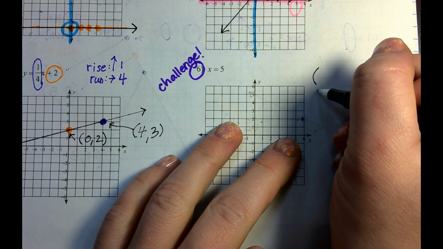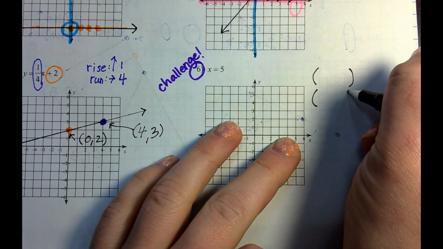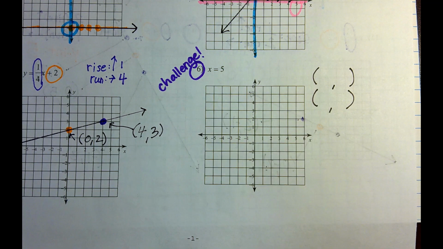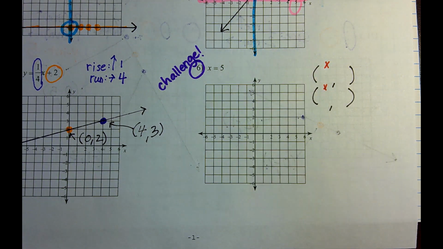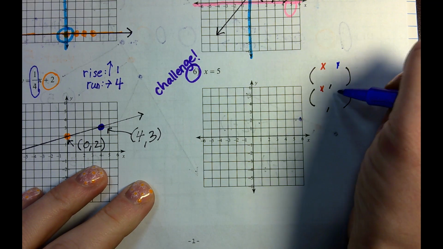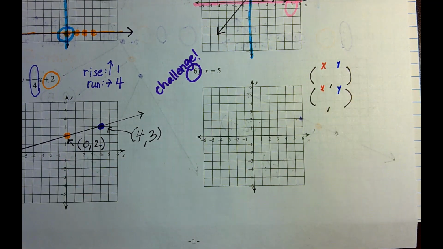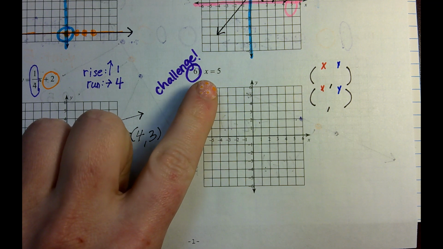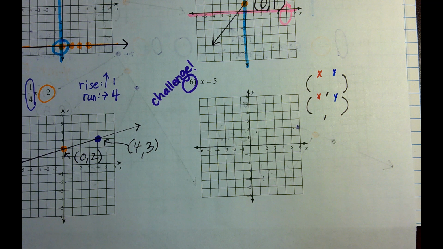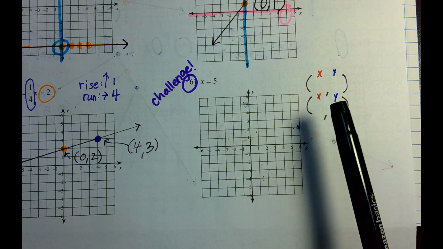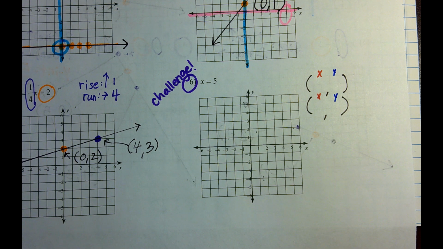So, let's put 2 coordinates over here, and I'm going to label my x's and my y's. I just think that's a good habit to be in. So, for number 6, our equation is x equals 5. So what number do we already know for our coordinates?